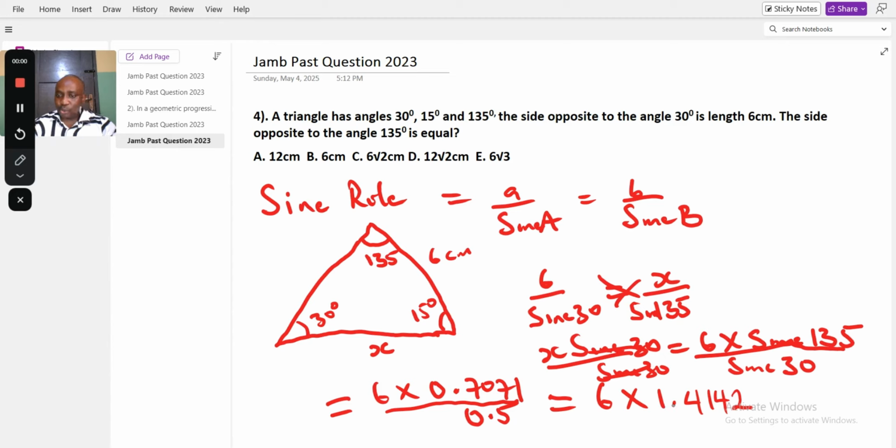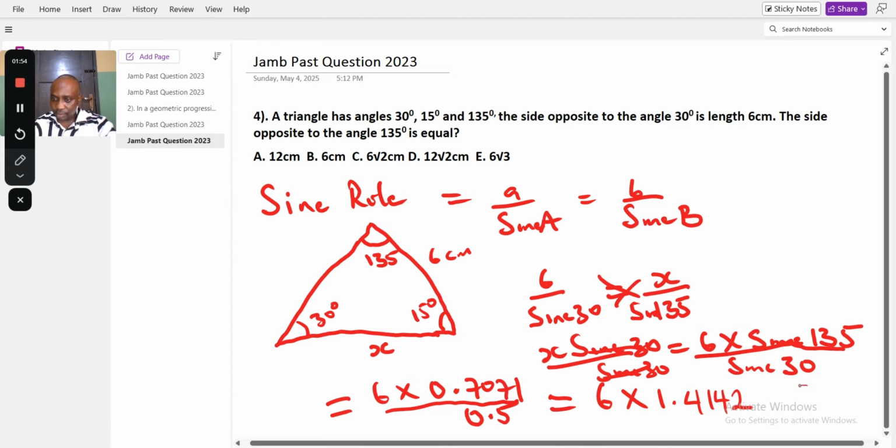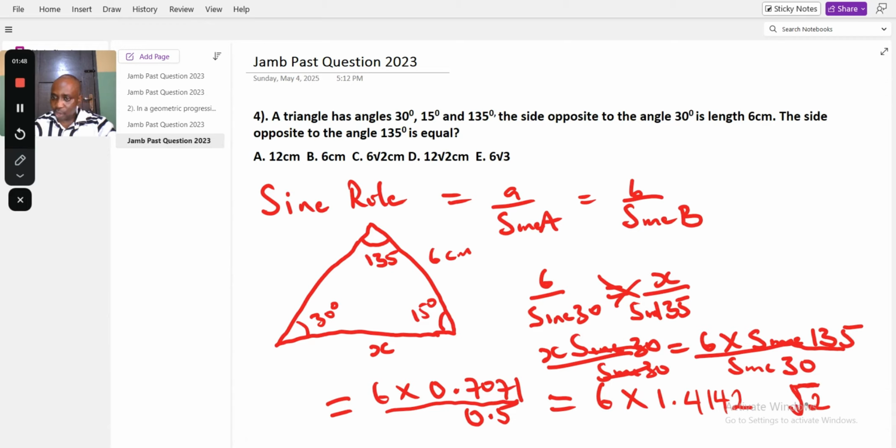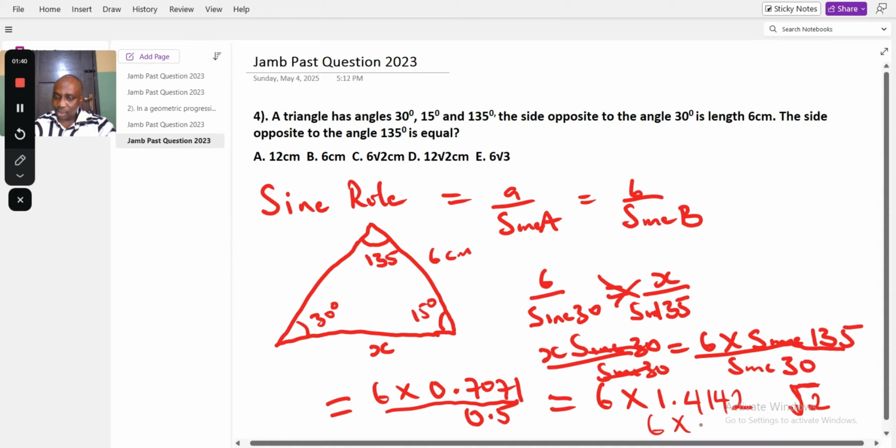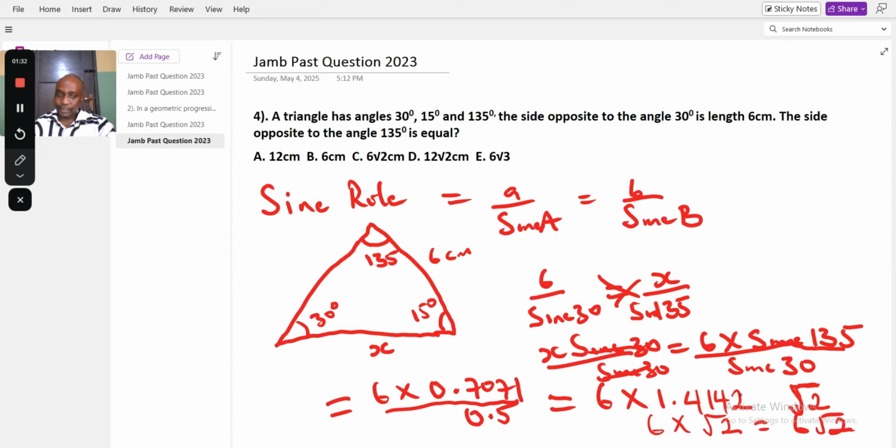Therefore, we are going to replace this one with the square root of 2. 6 multiplied by square root 2. Your answer will be 6 square root 2.